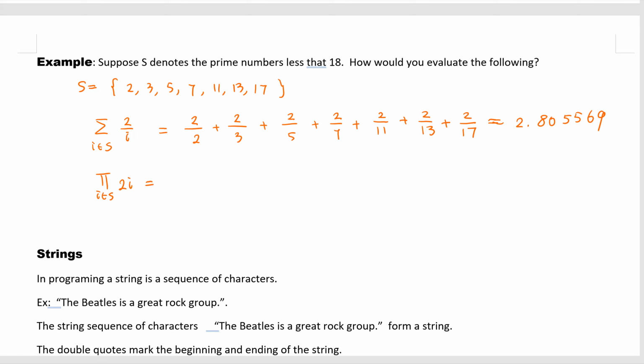Next, let me ask you, the product over i in S of 2i. How do you calculate this? Well, first we have 2 times 2, and then 2 times the next number in the sequence, 3, the next number 5, next number 7, next number 11, next number 13, next number 17. So it's 2i. You replace i by the terms in the sequence, of course. This is a lot of numbers, so let's plug this in our calculator.